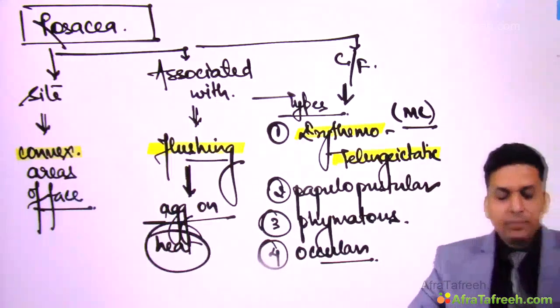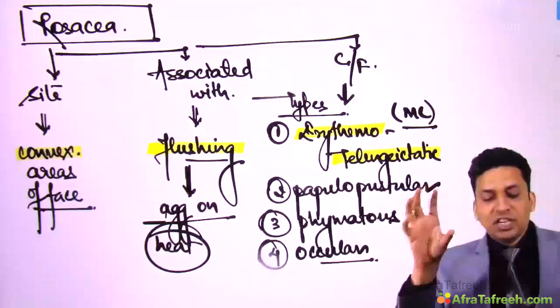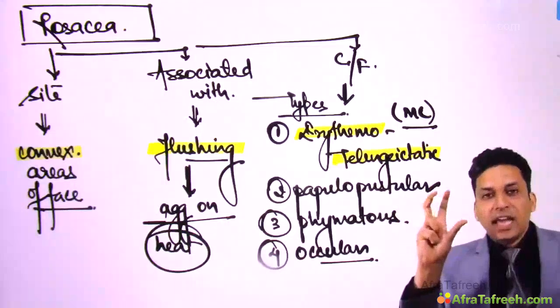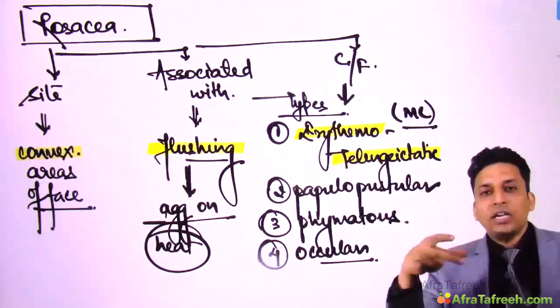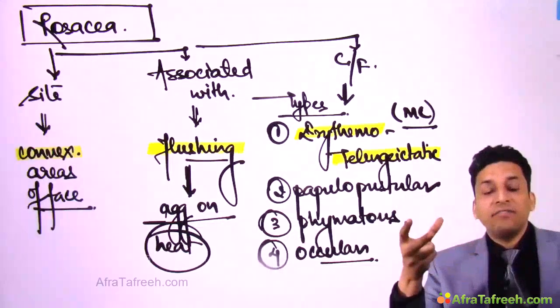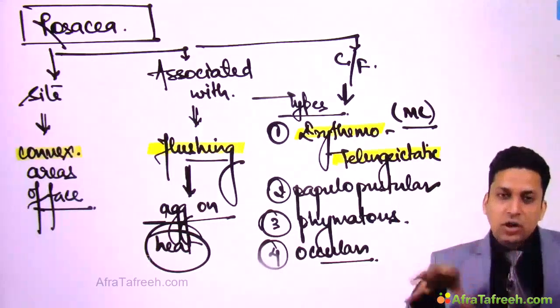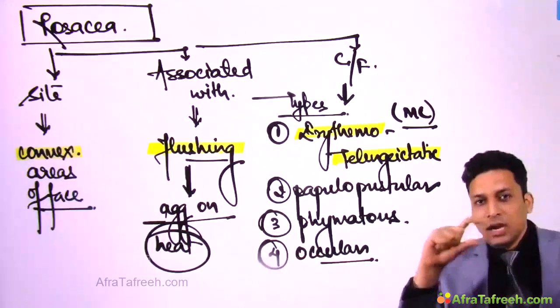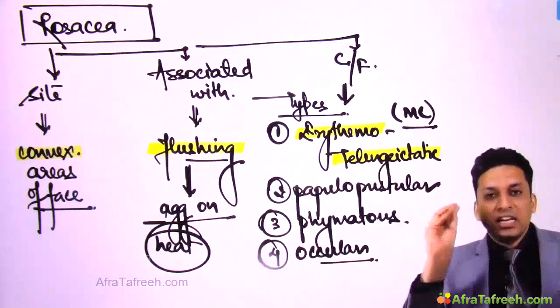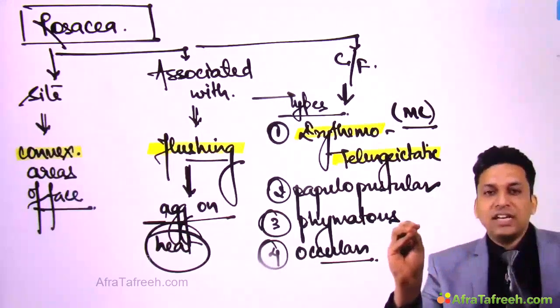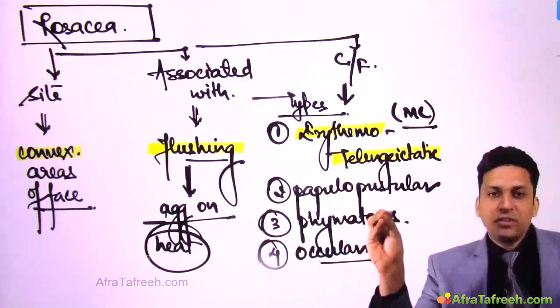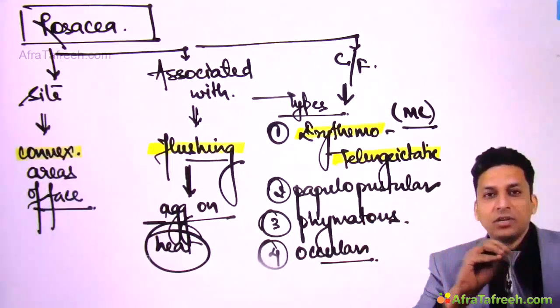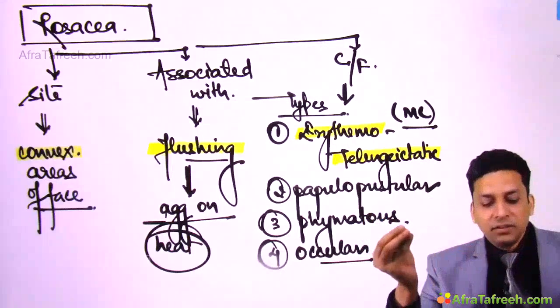So sometimes there might be a history that this flushing, this redness might aggravate on consuming hot tea or hot coffee or working in a hot environment like a kitchen. Okay, so this is the common clinical presentation. Whenever you find a question with erythematous lesions with superficial dilated blood vessels over convexities of the face, and these lesions aggravate on consuming hot tea and coffee, the answer will be rosacea.